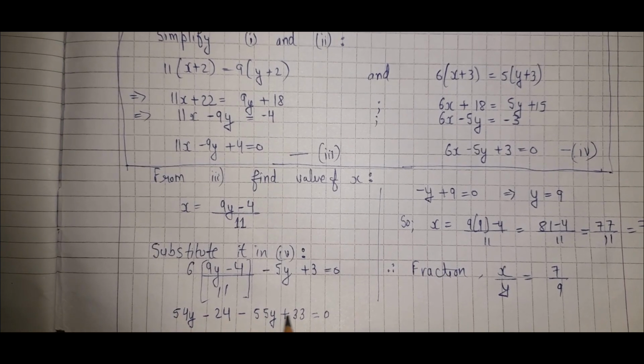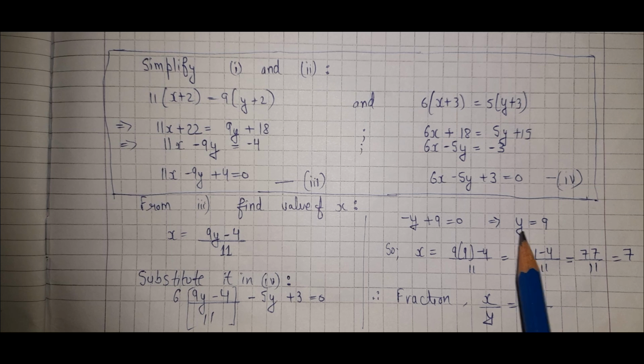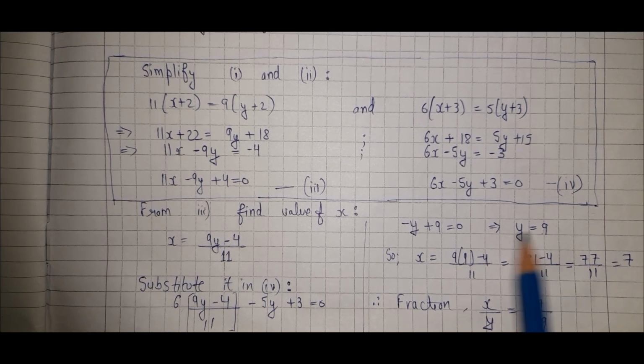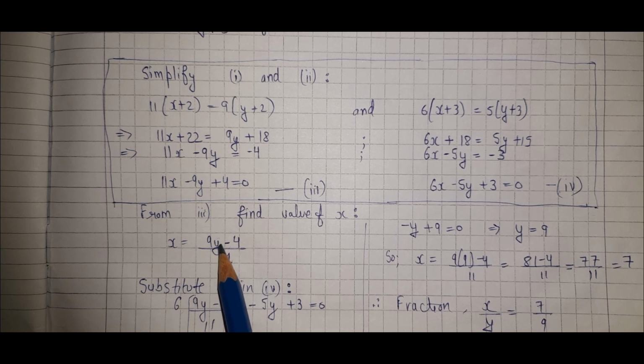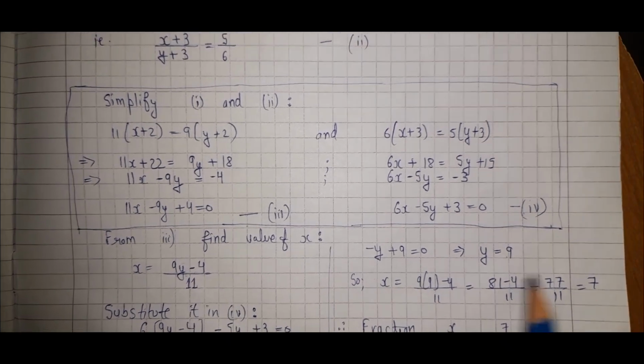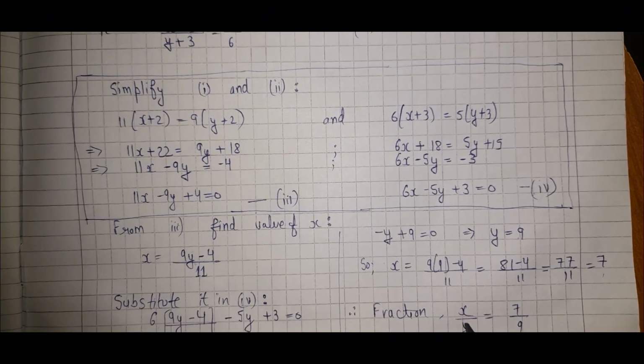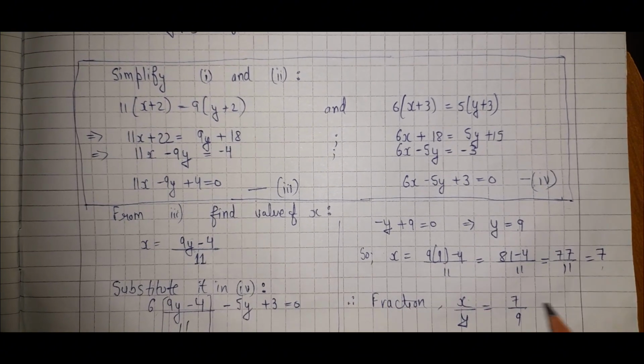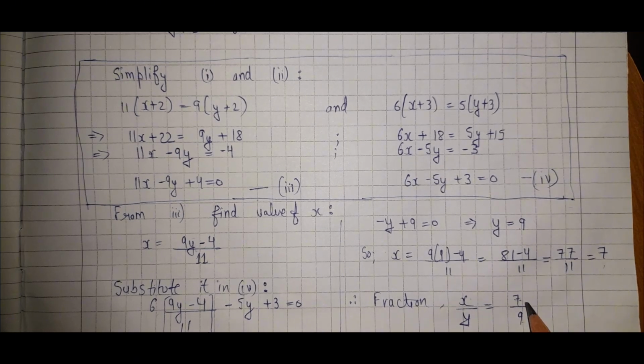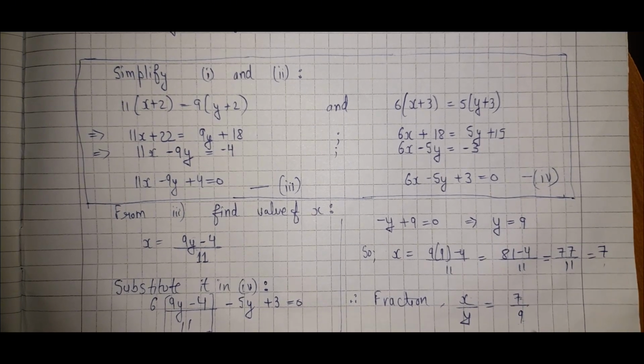After the simplification of this equation, we will get y equals 9. If y is 9, put this value of y here, then we will get x equals 7. Therefore, the fraction is x upon y, that is x is 7, y is 9. The given fraction is 7 upon 9.